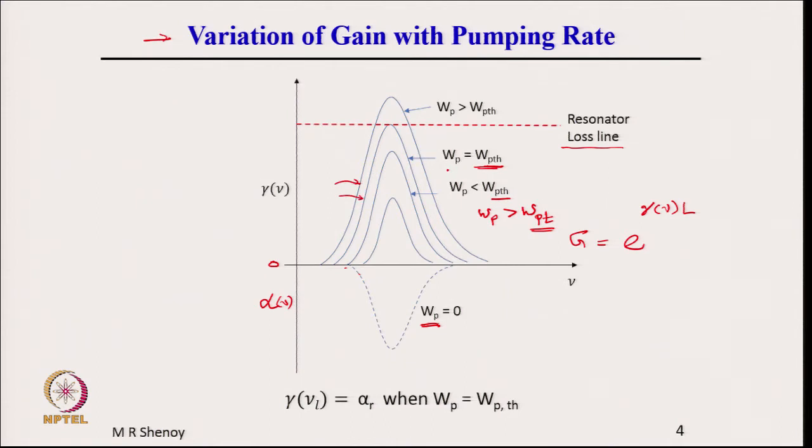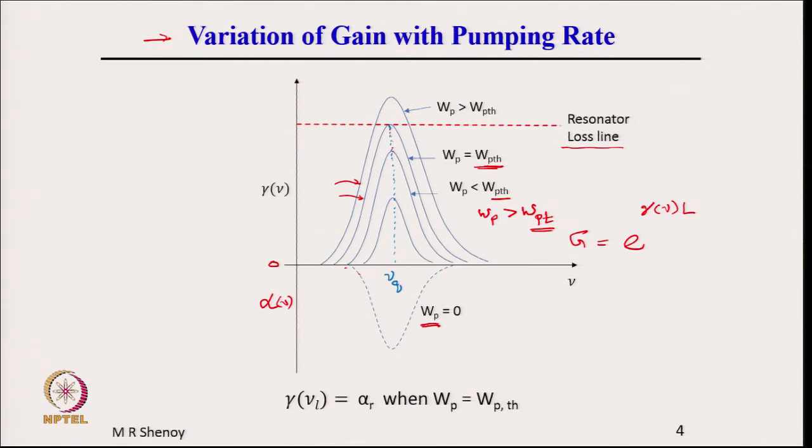At Wp equal to Wpth, we have also assumed that there is only one oscillating mode at the line center, and therefore, for this mode, nu q, gain is equal to loss when Wp is equal to Wpth.